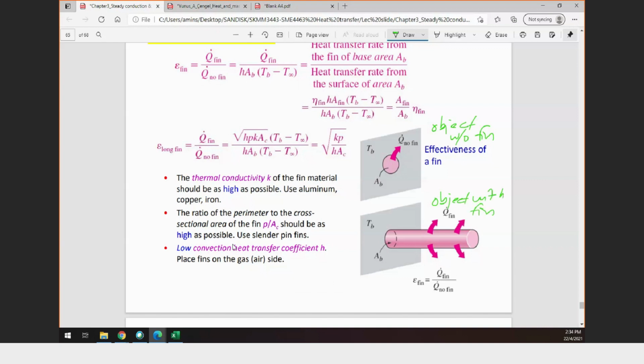So with fin you have this component attached to the object. But if we don't have the fin, we only have the base area remaining.